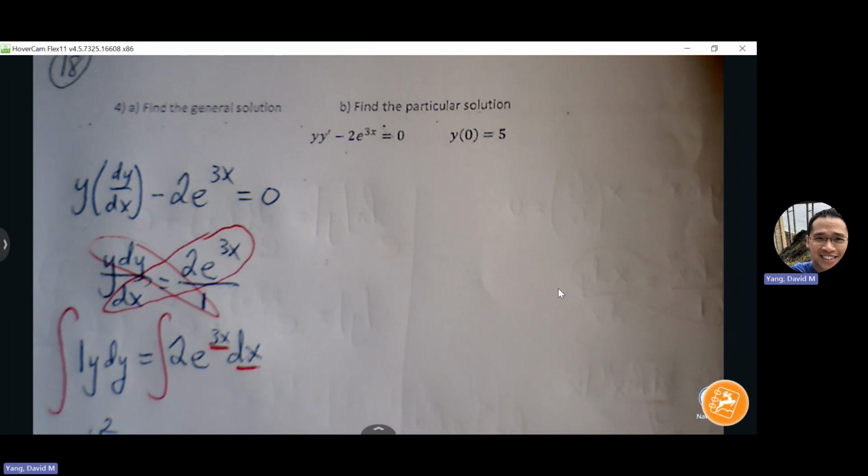I think we started page 18, but we didn't finish it, right?